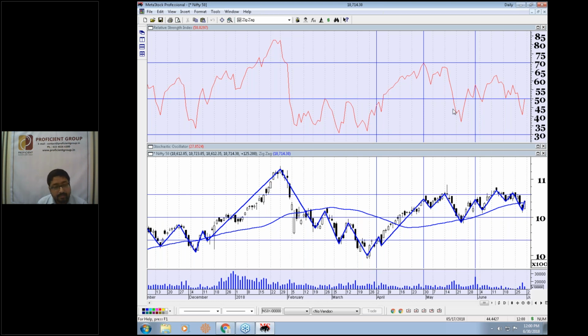This extended period of time just means it may be from a minimum of 6 months to 2 years, or even further. I have seen 4 or 5 years of bull market. So this is the primary direction of the bull market, and these are the primary trends. The second one is the secondary movement.